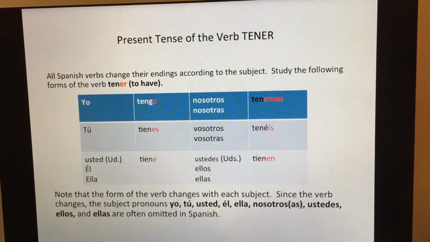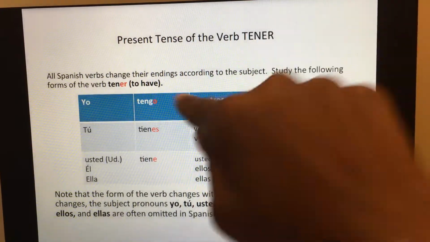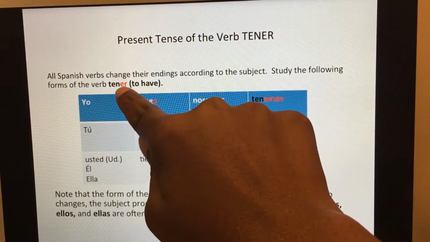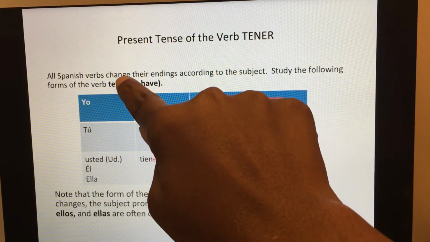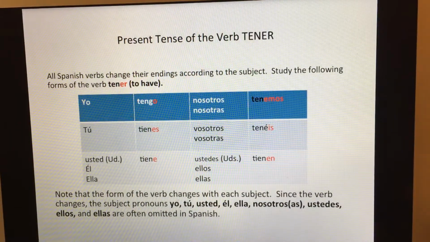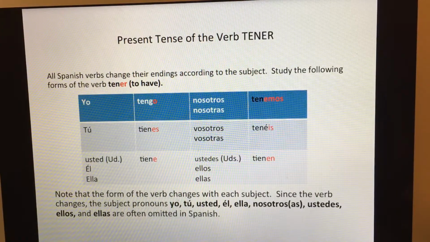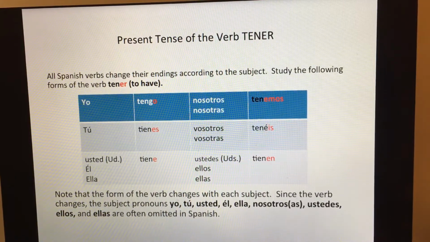Be very careful to pay attention to which verb is an IR verb. Remember, ER and IR verbs have the same endings except when the subject is nosotros. Now we're going to learn about the verb tener. Tener means to have. The rule is to drop the ending and put the endings that agree according to the subject. But there are always exceptions to the rules. So pay attention to how the verb tener is conjugated.